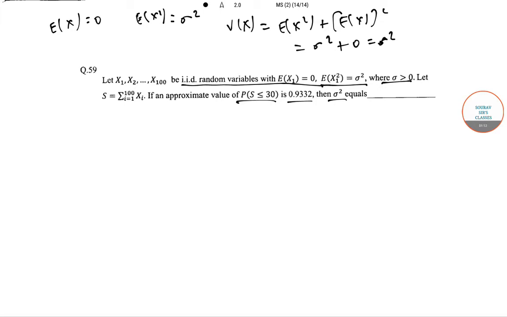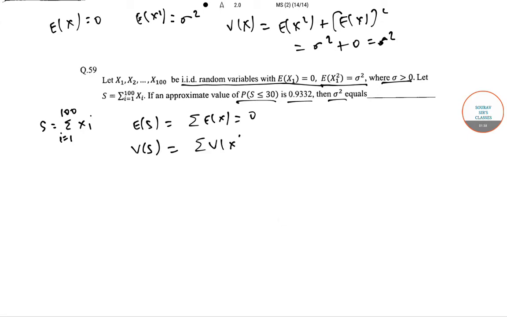Now, since S is equal to summation xi, where i goes from 1 to 100, expectation S would be summation expectation X, that is 0, and variance S would be summation variance Xi, where i goes from 1 to 100. Now since these are IIDs, it would be 100 into sigma squared.